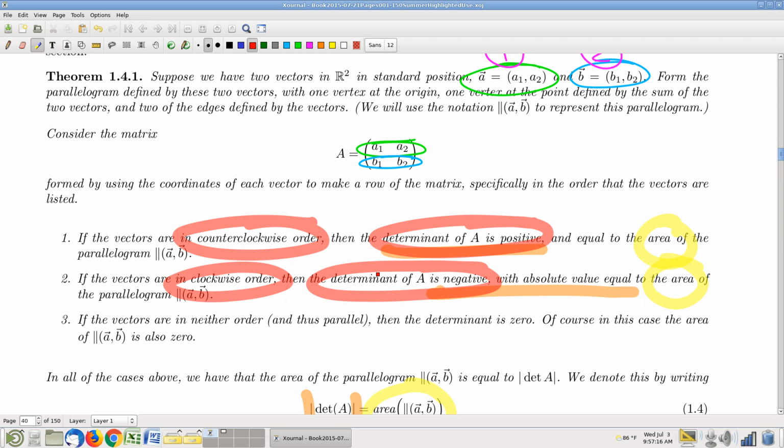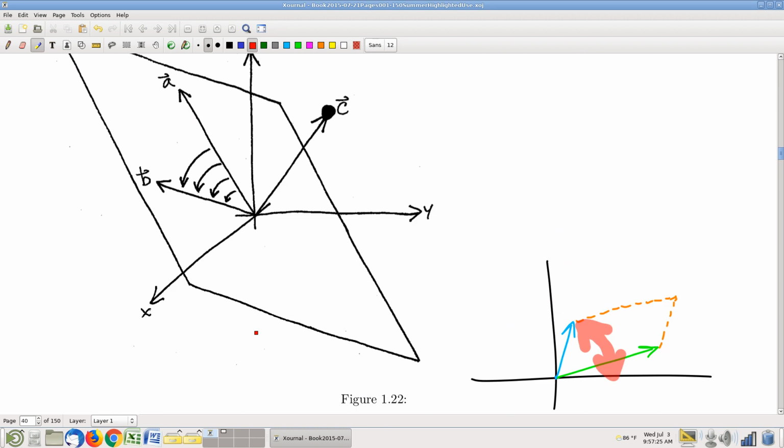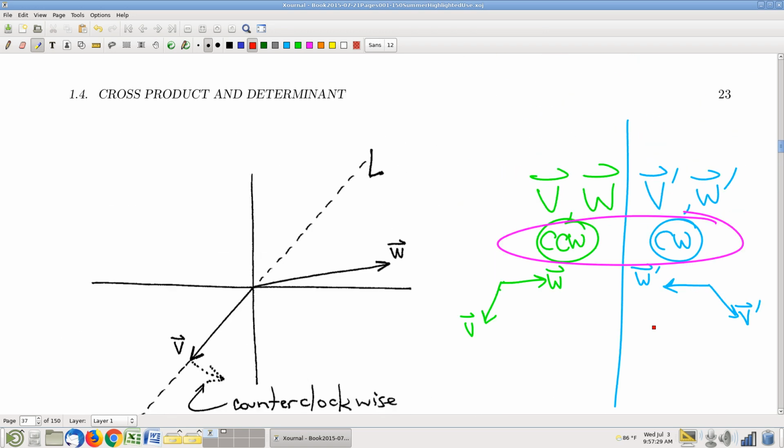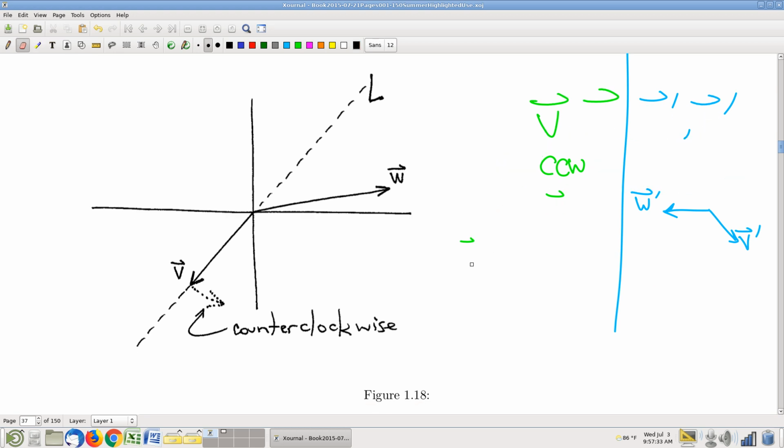Anyway, there's a third case here. You'll notice I didn't address this third case: if the vectors are in neither order. Let's think about what that could possibly look like. How could you have a pair of vectors that's neither clockwise nor counterclockwise?